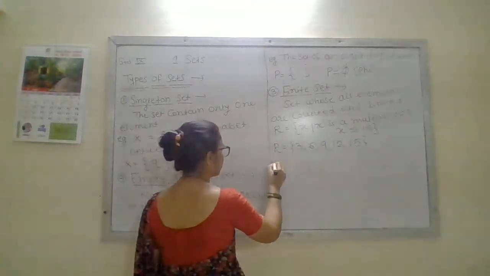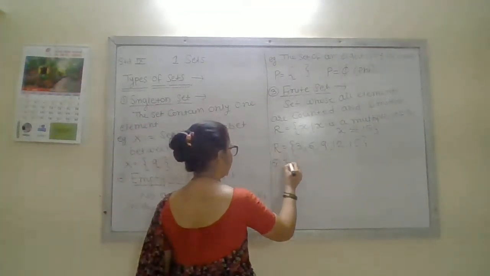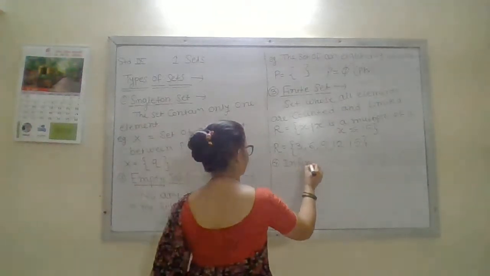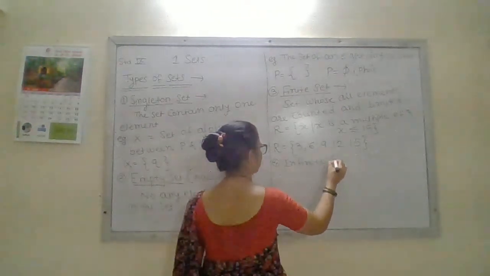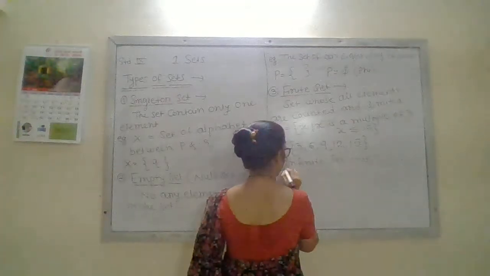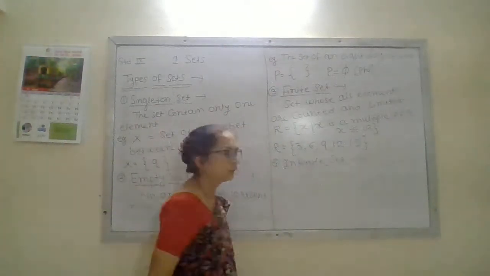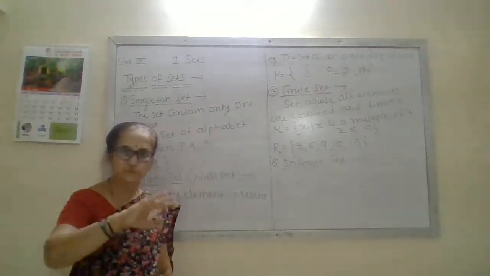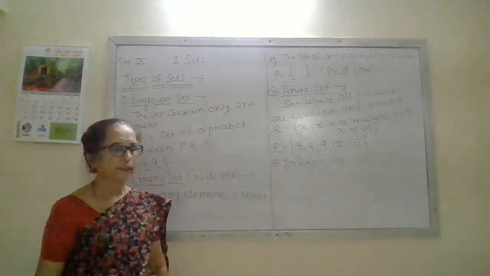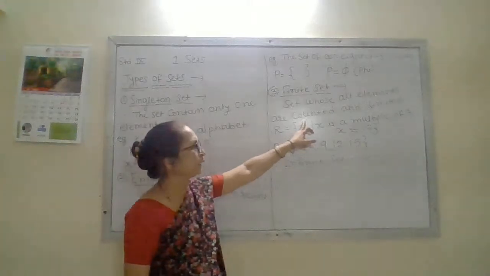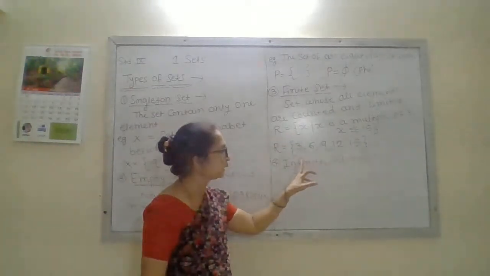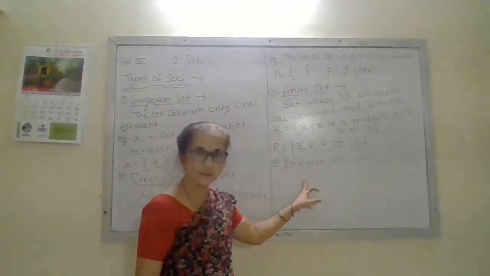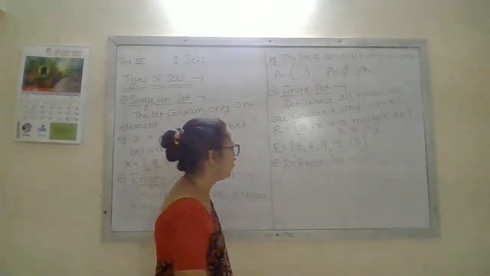And now the fourth set is the infinite set. In English, you studied many words which are antonyms of each other. Finite, its opposite is infinite. Finite has counted and limited elements. Here we cannot count the elements and it has no limit also.